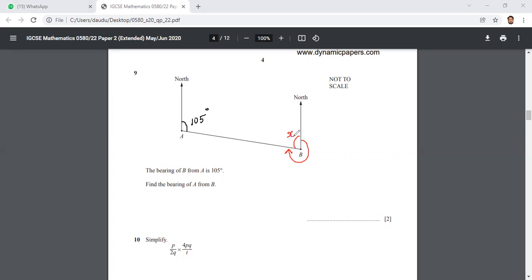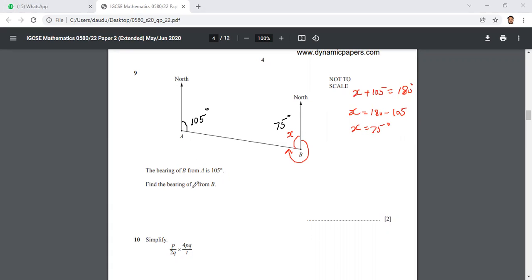Let's suppose this is x, and we have x plus 105 gives us 180. This is the rule. If you have 2 parallel lines, the sum of interior angles must be supplementary. So x is equal to 180 minus 105. That gives us 75.